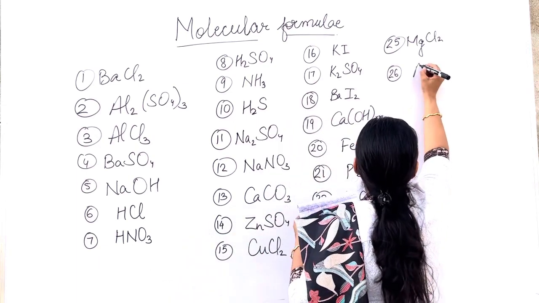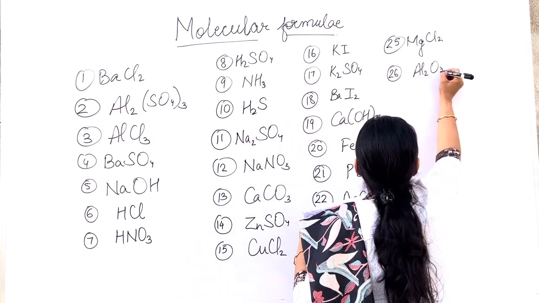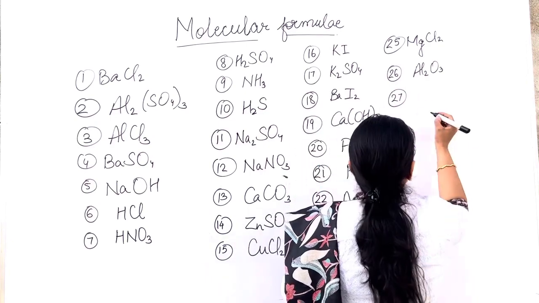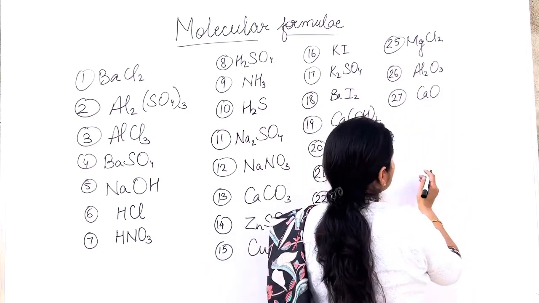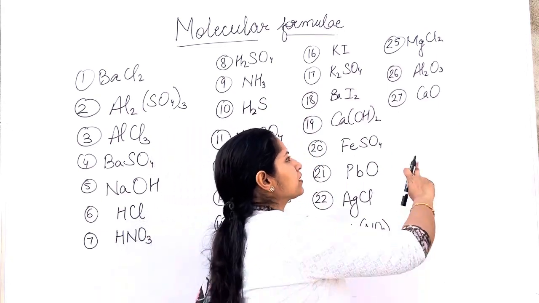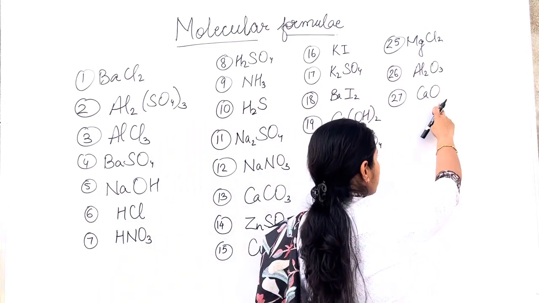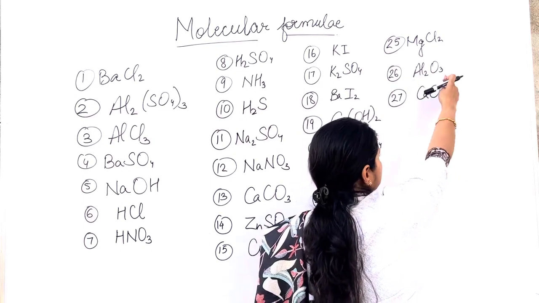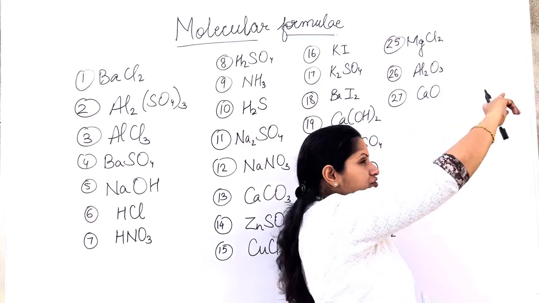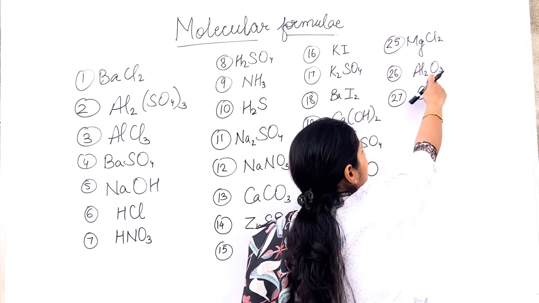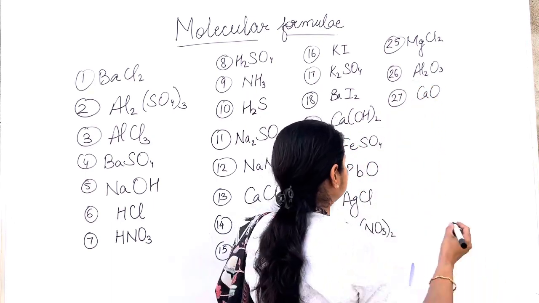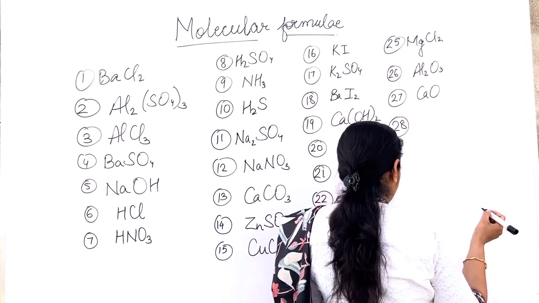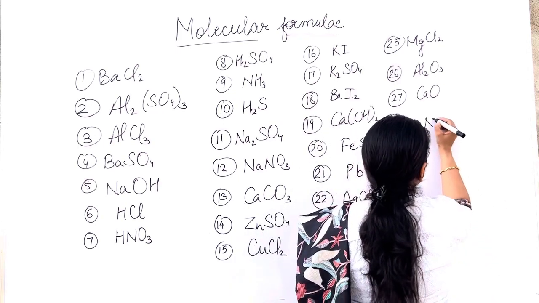Then aluminium oxide. Then calcium oxide, it's also known as quicklime. So calcium +2, oxygen is -2, so they balance each other. Here aluminium oxide, aluminium has a valency of 3, which is written under oxygen, and oxygen has a valency of 2, which is written under aluminium. Then we have ammonium sulfate.